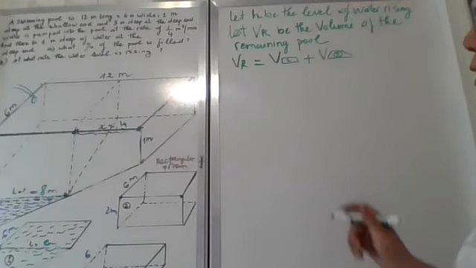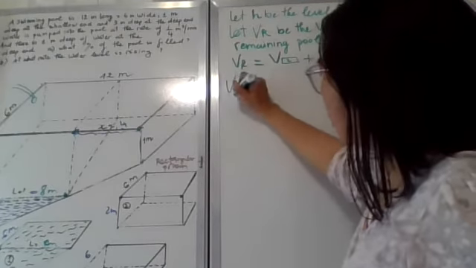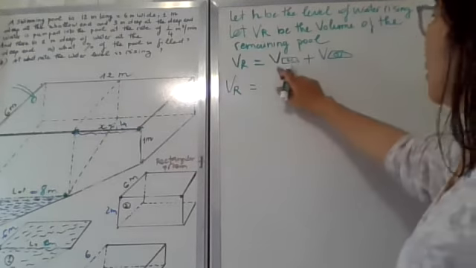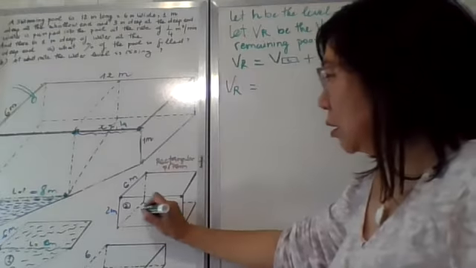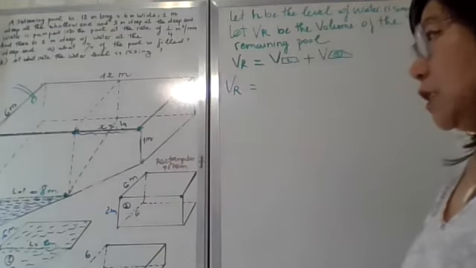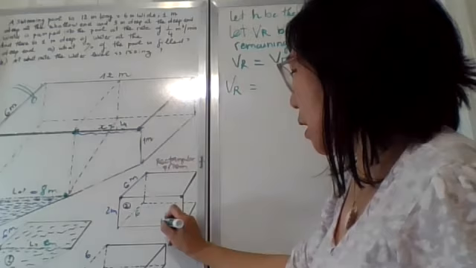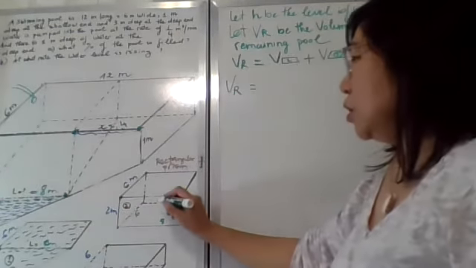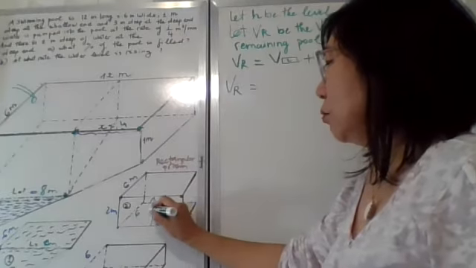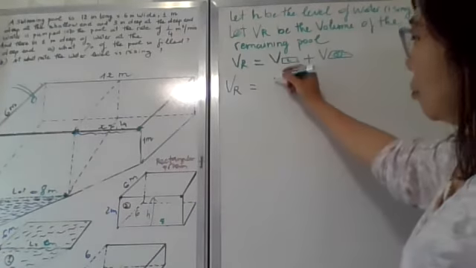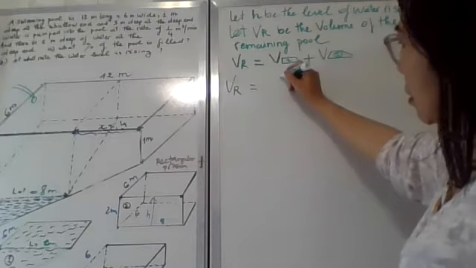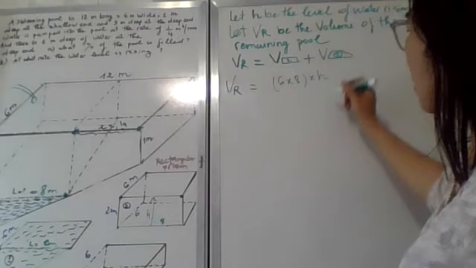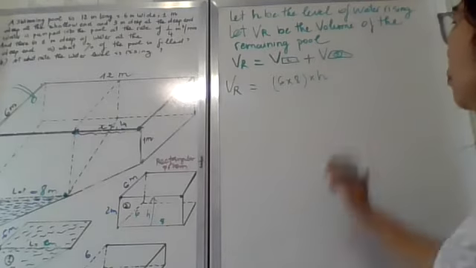So let's calculate them separately. VR, the volume remaining, will be equal to the area of the rectangle: we know this one is 6, a fixed value, and this one is 8, from here to here, also a fixed value. It's just the water level rising that we don't know, and we call that the height. So the volume is 6 times 8 times the height. That's V2.